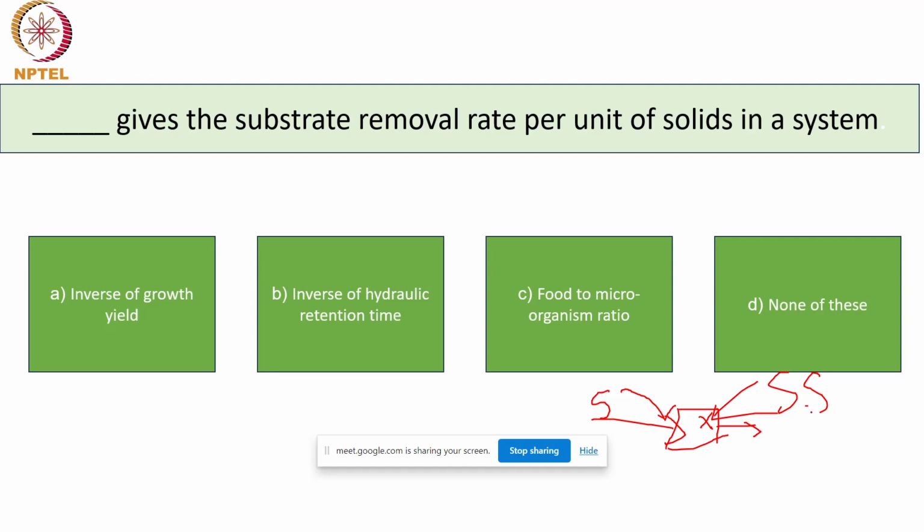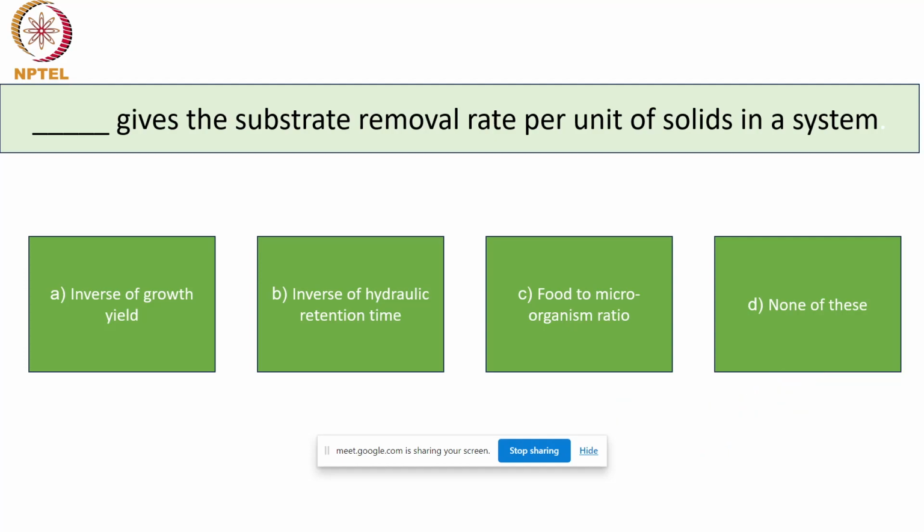So your soluble organic matter is getting converted to suspended solids. So your substrate is getting removed as food to the bacteria. That is why in the numerator it will be food. To microorganisms ratio, because the solids produced is nothing but the microbial cells only. So it is option C, food to microorganism ratio.